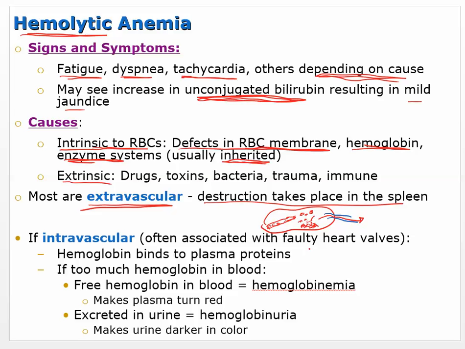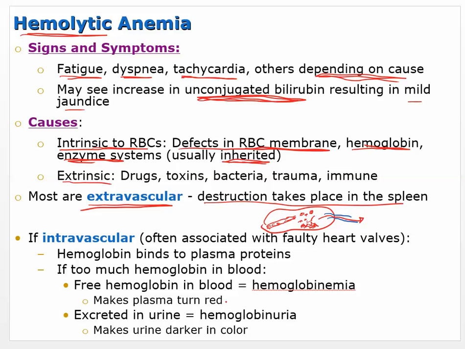That's part of your circulatory system. That means that broken red blood cell is just dumped right there in the bloodstream. And you have this whole problem. The hemoglobin that's released may bind to plasma proteins. If there's too much hemoglobin in the blood, then you end up with hemoglobinemia, which is free hemoglobin in the blood.